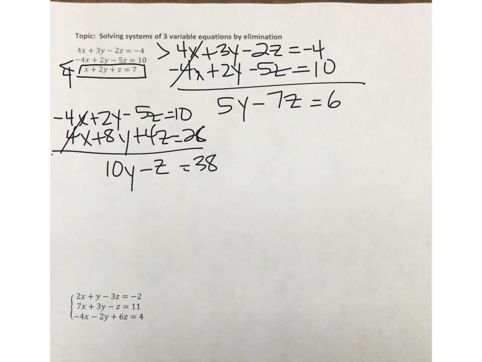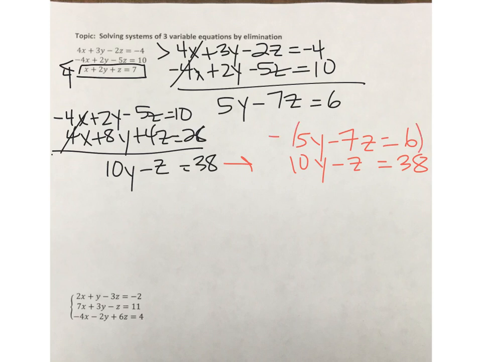So very quickly, I have two variable systems, two variable equations that I can try to eliminate another variable. I have 5y minus 7z equals 6, and from here I have 10y minus z equals 38. Just by looking at that, I already saw that 5 and 10 would be a good fit.